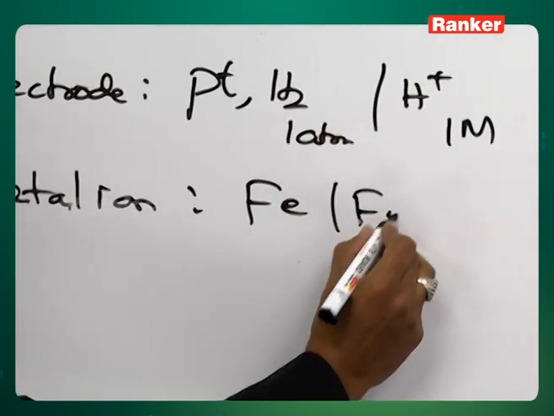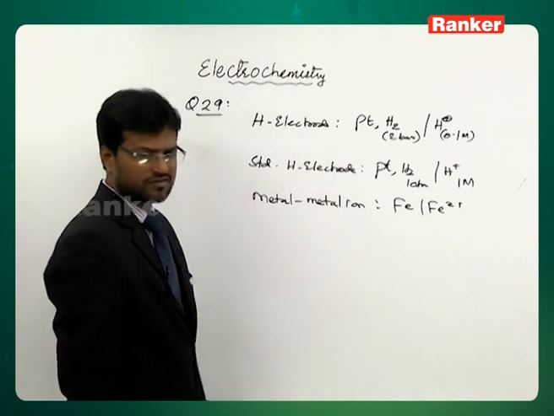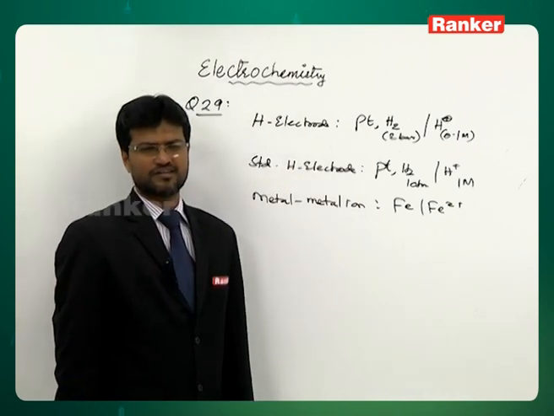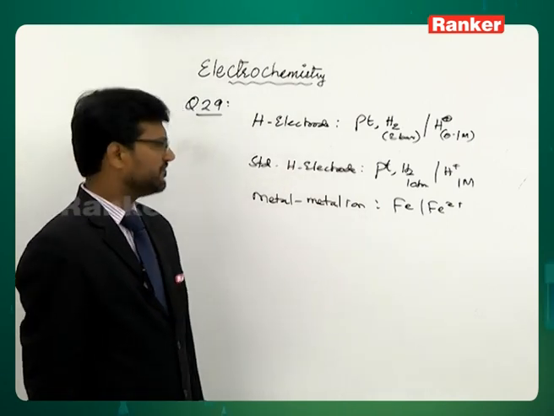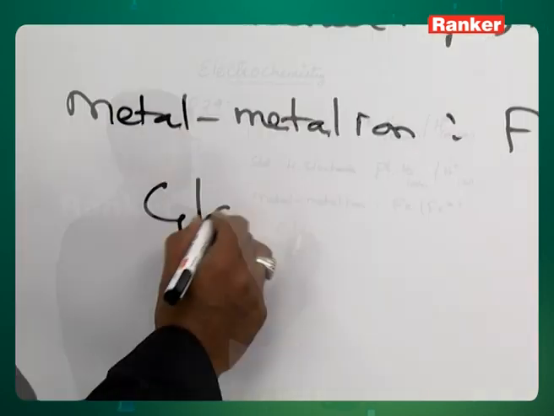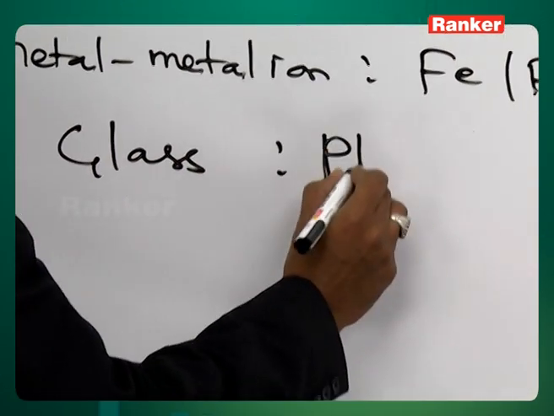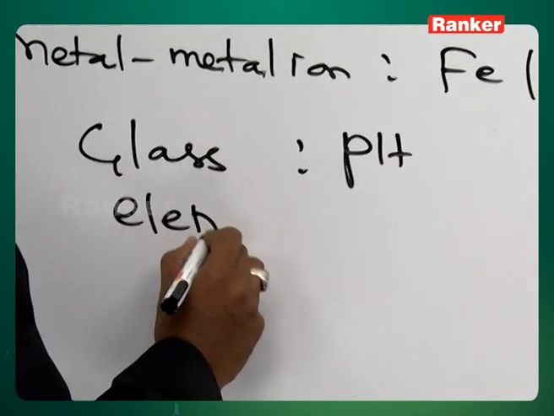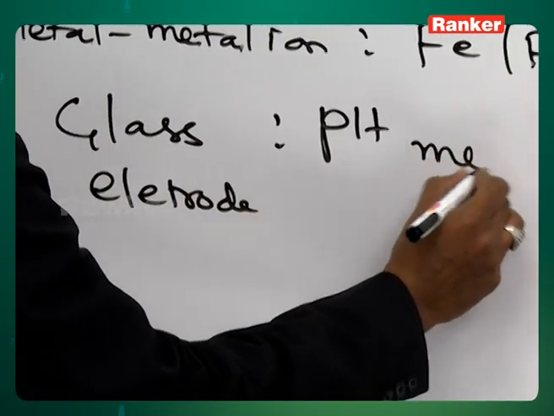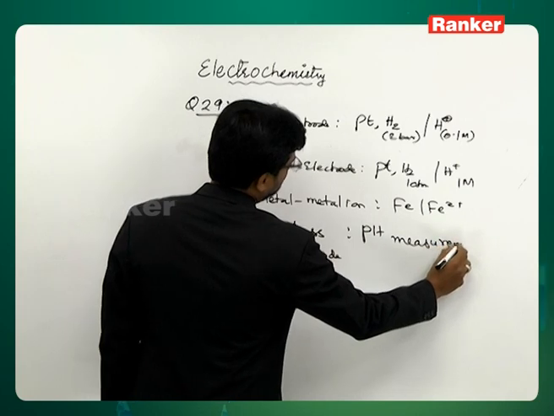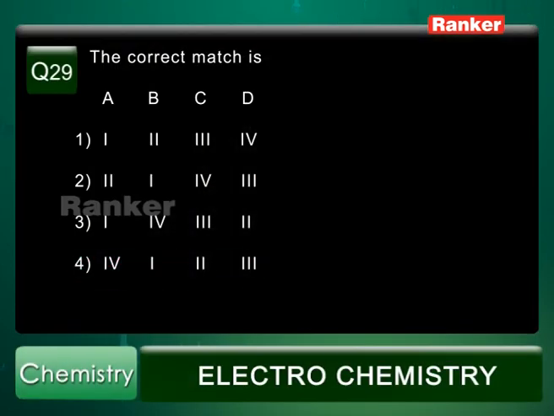Fe oblique Fe2 plus, this is the metal ion electrode. Fe2 plus is in contact with Fe, and then glass electrode is used for pH measurement. So, the correct answer is fourth option.